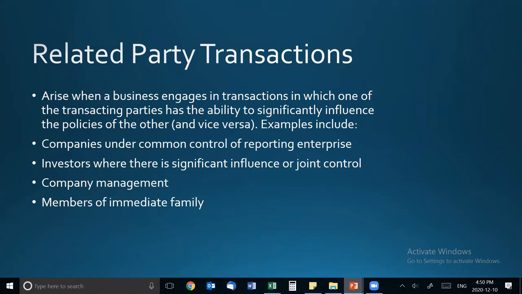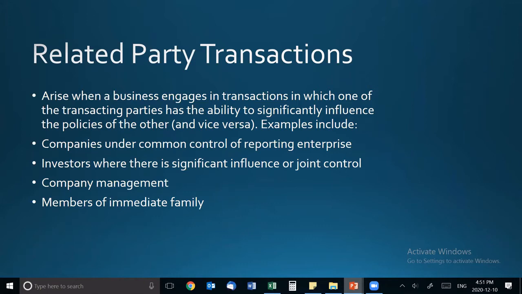All right, next topic, related party transactions. Okay, so a related party transaction arises when a business engages in transactions, so buying or selling something, so any type of transaction where one of the transacting parties has the ability to significantly influence the policies of the other or vice versa.